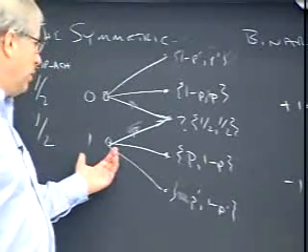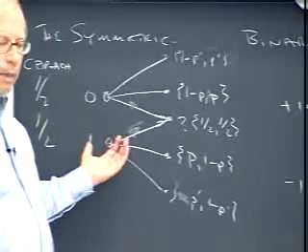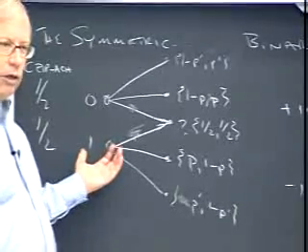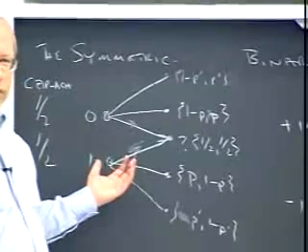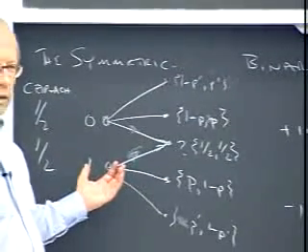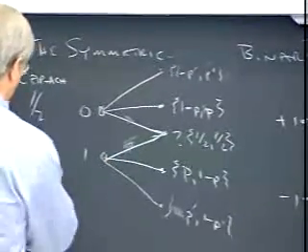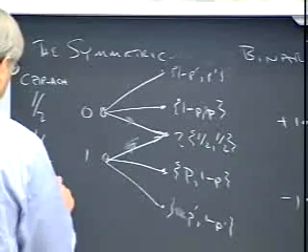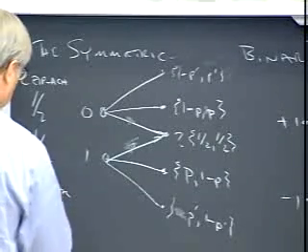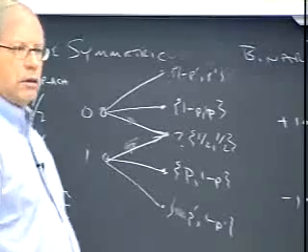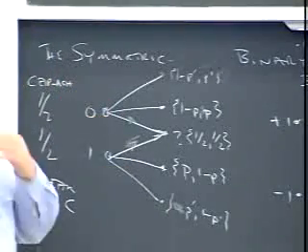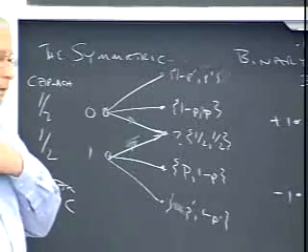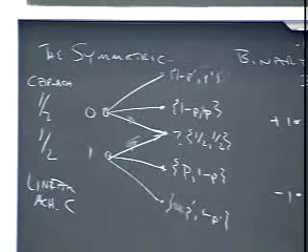And this has the important implication that you can use linear codes on any symmetric binary input channel without loss of channel capacity. All right, so linear codes achieve capacity. Whereas of course if this weren't 1/2, 1/2, then linear codes couldn't possibly achieve capacity.